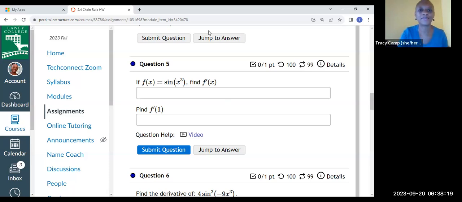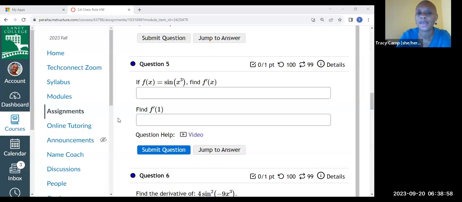So let's look at number 5. So we know that the derivative of sine of x is cosine of x, but notice we don't just have sine of x, we have sine of x cubed, which means we're going to have to apply the chain rule again for number 5.